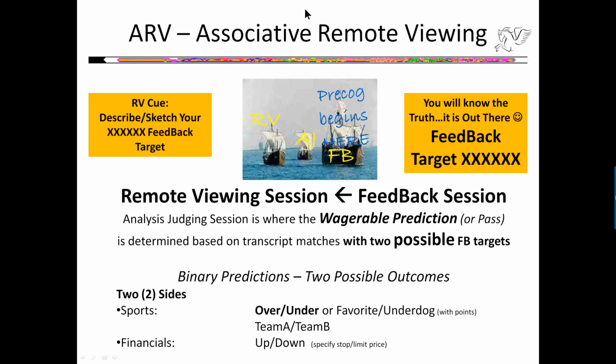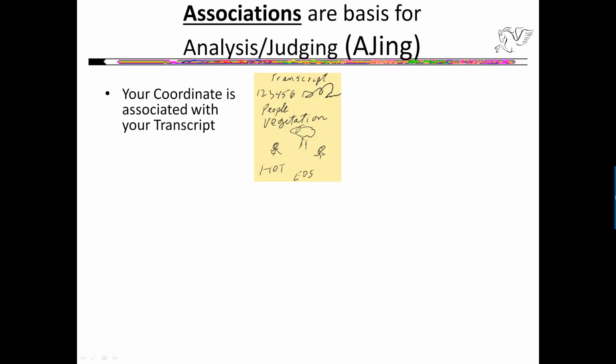So that's actually what the associative means in associative remote viewing, that you are associating your coordinate, your transcript with the actual target that's associated with the winning side. There are two possible outcomes, but you're going to see what actually happens. Now let me see if I can even make that clearer by doing an example.